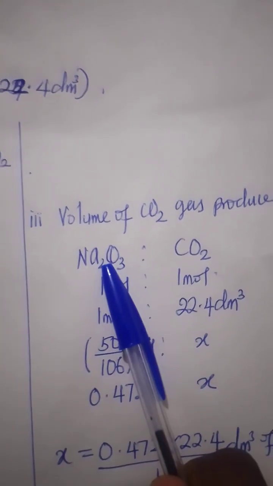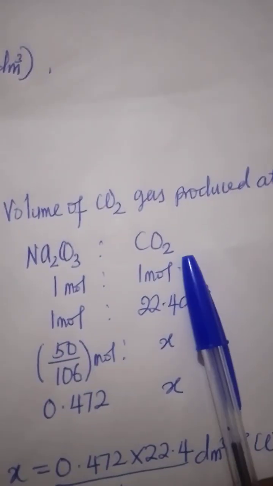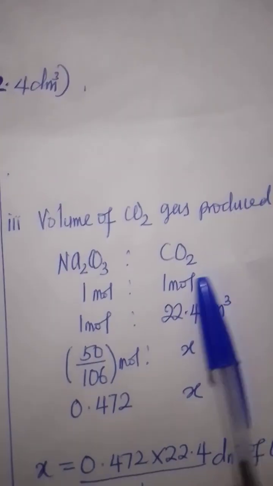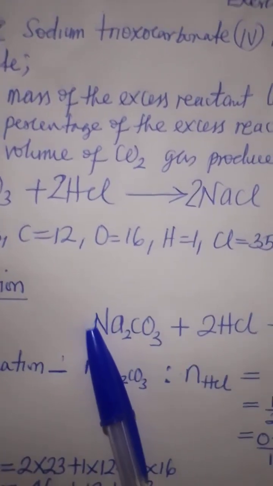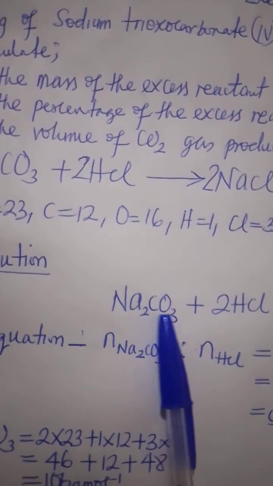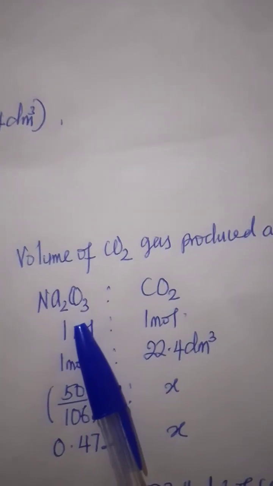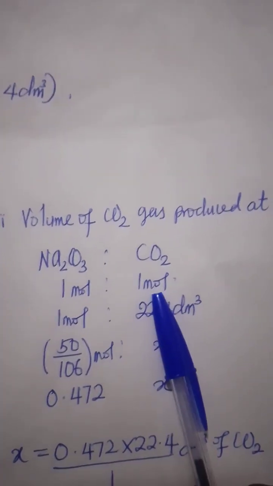I omitted C, so I had to compress C there. And then CO2, which is the gas that is produced. Looking at the equation of reaction again, you will see that the stoichiometric coefficient of Na2CO3 is 1, and that of CO2 is also 1. And therefore we say 1 mole of Na2CO3 will produce 1 mole of CO2 gas.